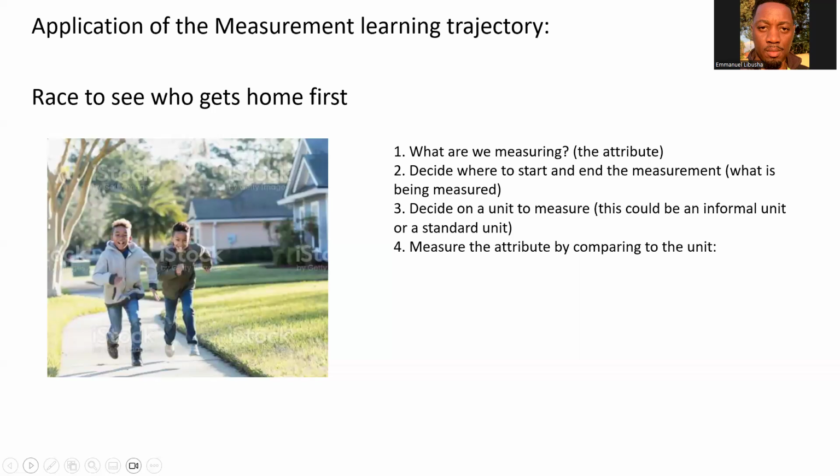So in this particular instance, we're measuring time, and the one who arrived first is the one who wins, for example. Where do we start? Which is what is being measured. We're measuring who will arrive first if they run from here to there. And the concept is measuring the attributes by comparing to the unit. What are we comparing? The speed, the time. The one who finished with the least time is the one who wins. Okay.